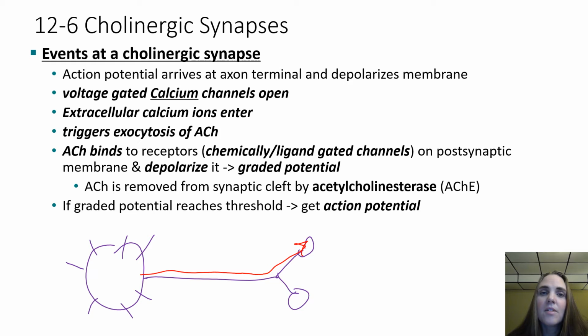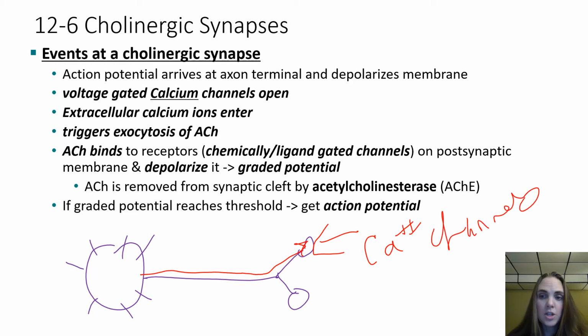And that depolarization is actually going to trigger some voltage-gated channels in the axon terminal. If you remember from last lecture, the axon terminal has these voltage-gated calcium channels. Remember, for a voltage-gated channel to open, it requires a change in the membrane potential.